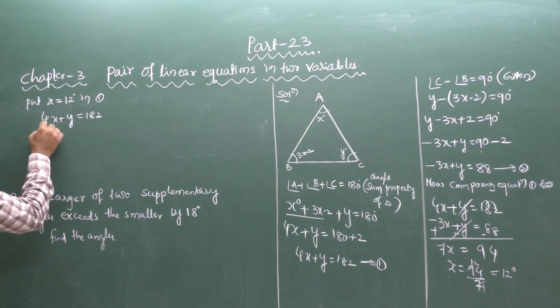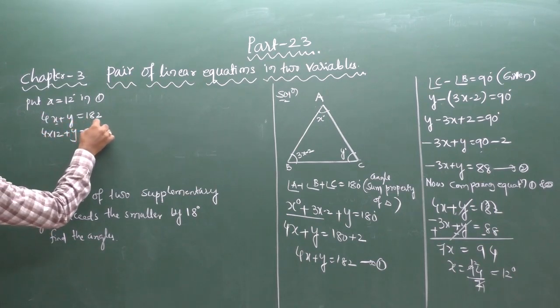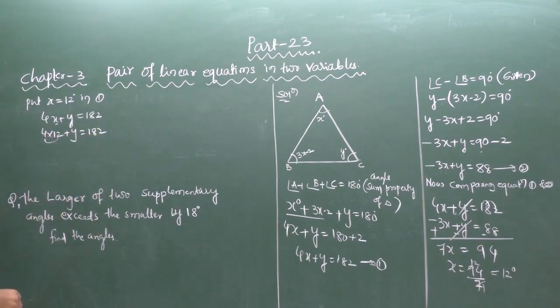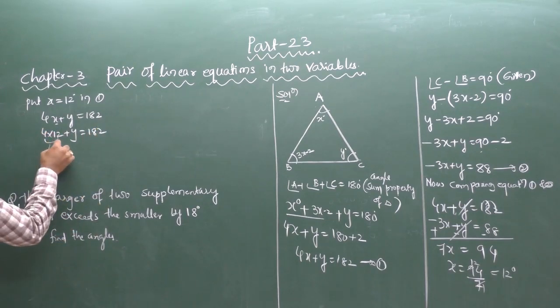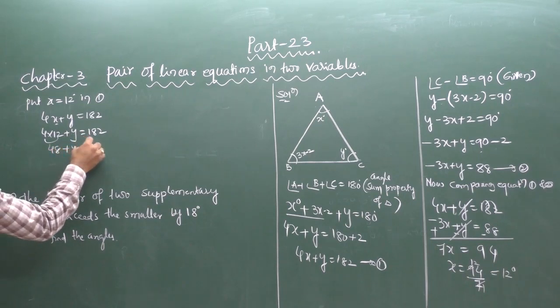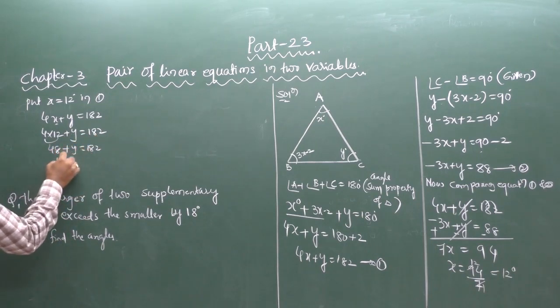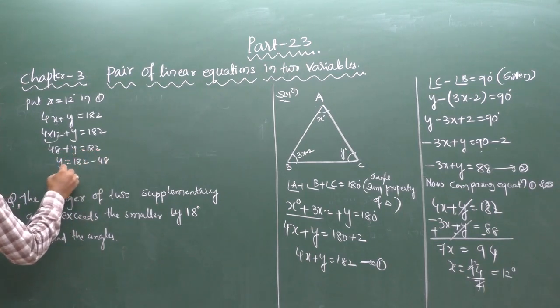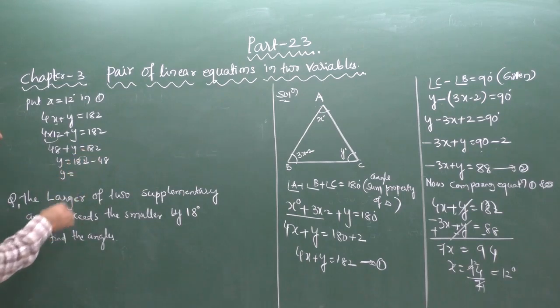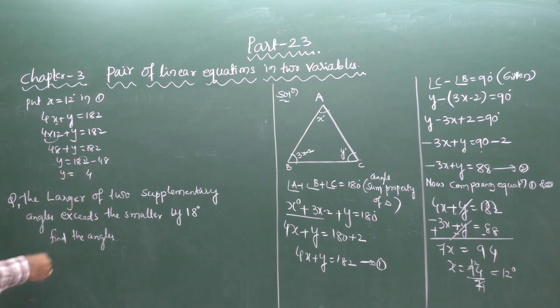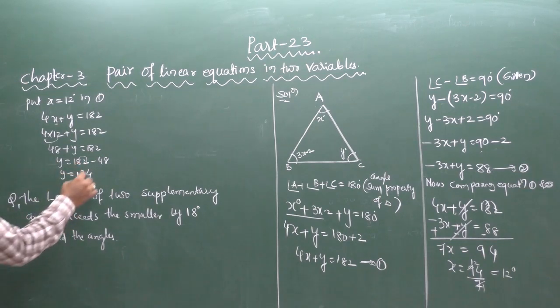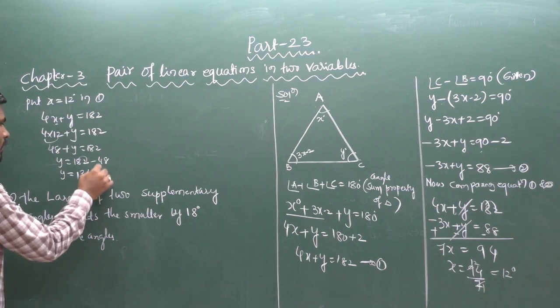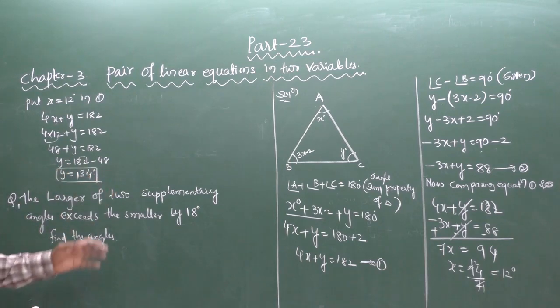The x value I substitute here: 4 into 12 plus y equal to 182. 4 twelves are 48, plus y equal to 182. So y equal to 182 minus 48. Taking carry 12 minus 8 is 4. Here the remainder is 7, 7 minus 4 is 3, and this is 1. So angle y equal to 134 degree.